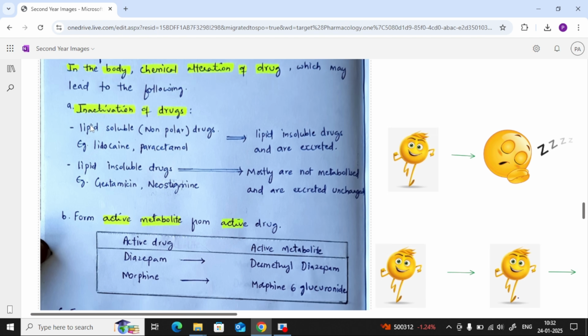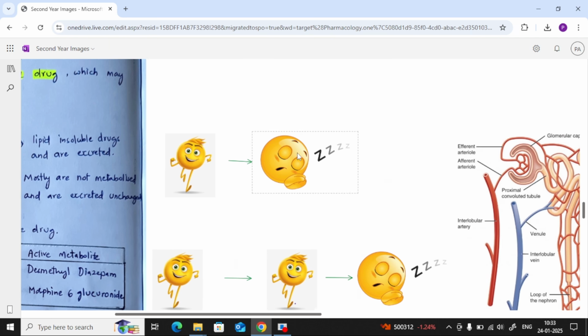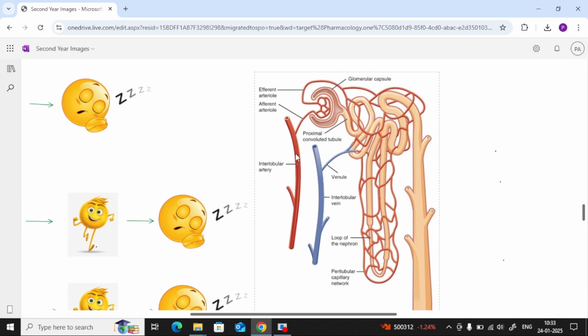Now first we will see the inactivation. During inactivation, lipid soluble drugs are converted to lipid insoluble drugs. Now the question is why lipid soluble drugs are converted to lipid insoluble drugs. To understand this, let's go to our nephron.